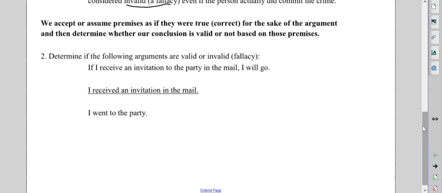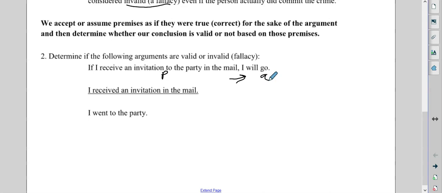Now I'm going to be throwing some terms at you that we're going to be learning here in a little bit, but just talk about it. So if I receive an invitation to the party in the mail, I will go. Okay? So we have an if-then, right? So here's what we know about if-then, the arrow, right? This is my P, and this is my Q. So if this happens, I will go.